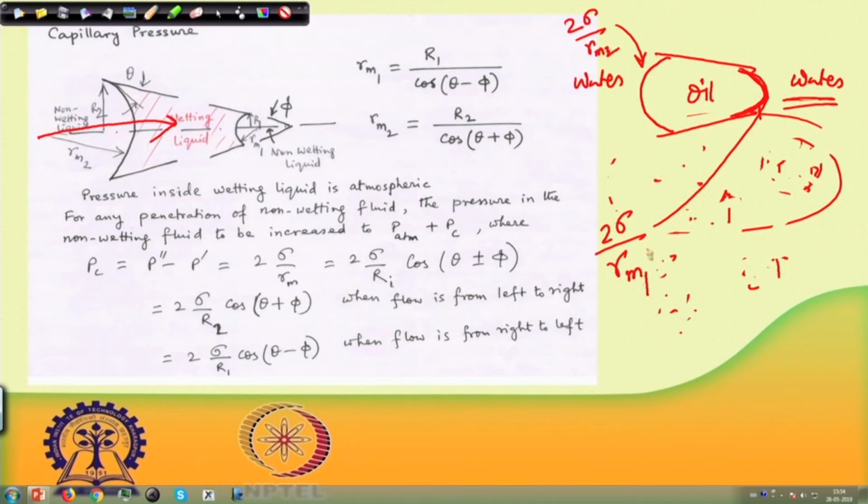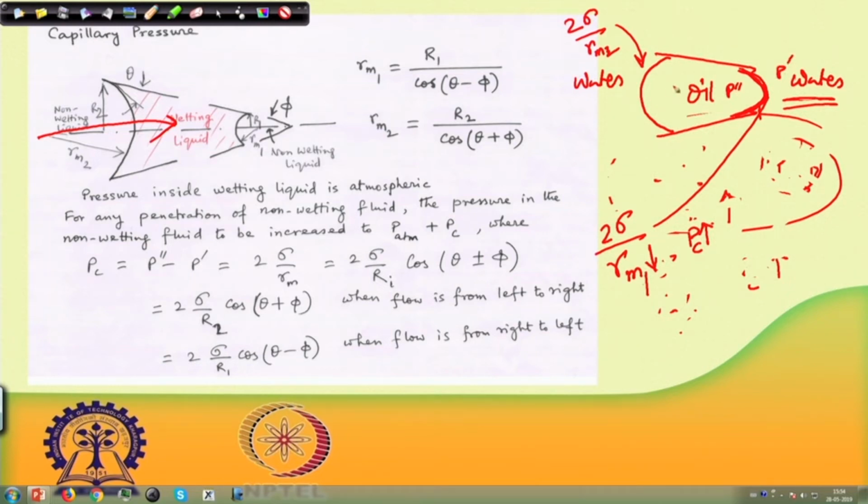So, we can see here the Rm1 is small. So, the surface tension force in this case, the capillary pressure would be more in this case. So, in this case capillary pressure is between the convex side and the, so you remember it was P double prime here and P prime here.